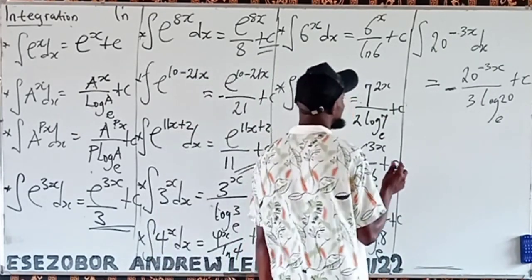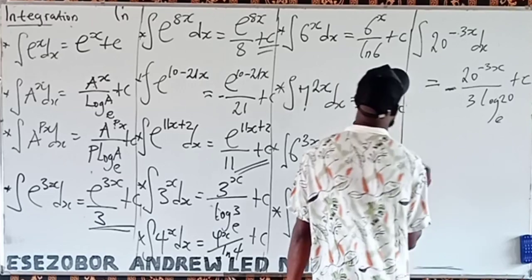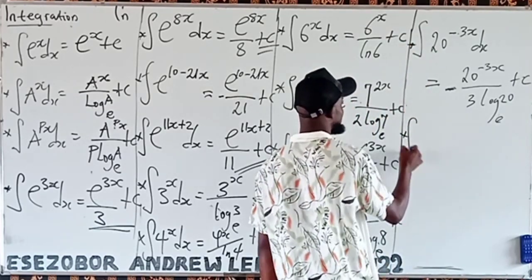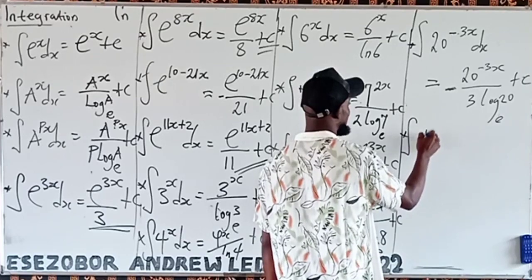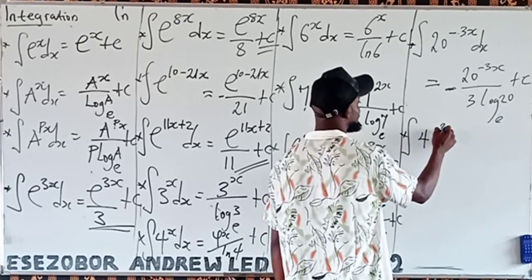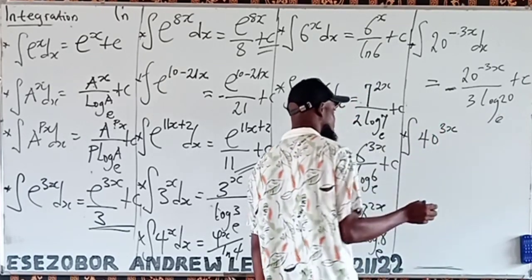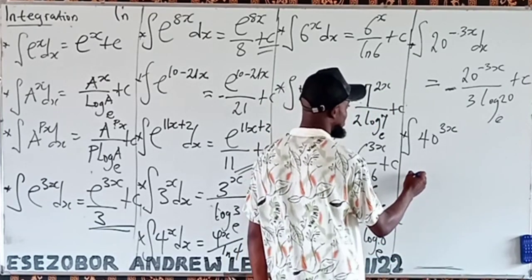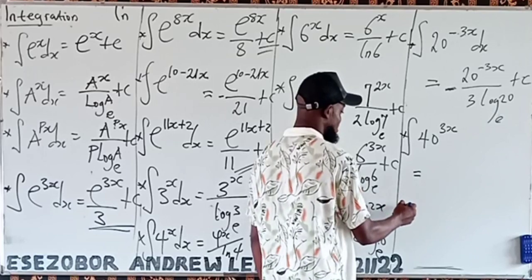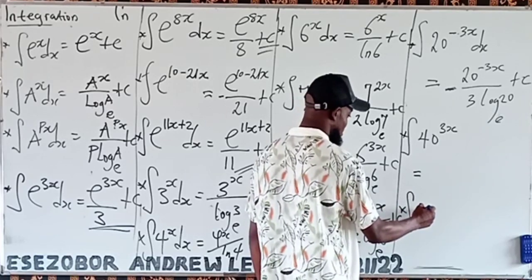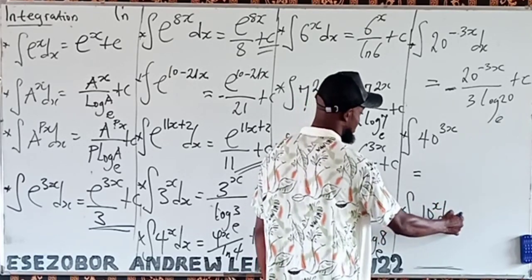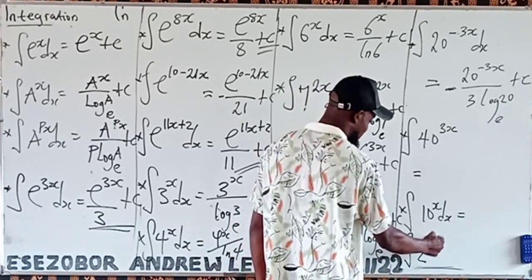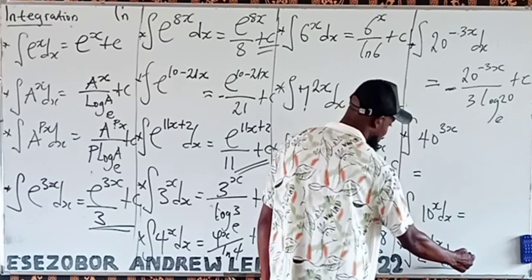So let's go. The next thing, let's say we have this question: integral 40 raised to power 3x. What becomes the answer? How can we do that? Let's say we have integral 10 raised to power x dx. How can we do this? Let's say we have integral 2 raised to power 4x dx. How can we do this as well?